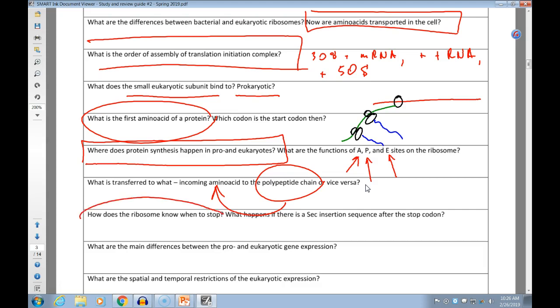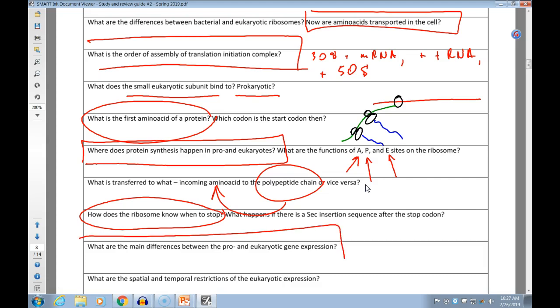Ribosomes stop when they encounter the stop codon. What happens if there is a selenocysteine insertion sequence? Then the ribosome keeps moving, and instead of stopping, inserts the selenocysteine amino acid. And it's going to be moving till the next stop codon.